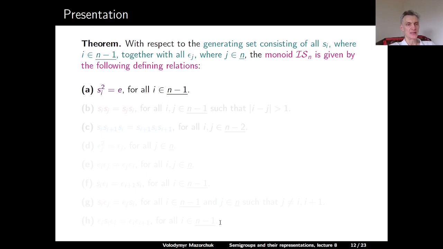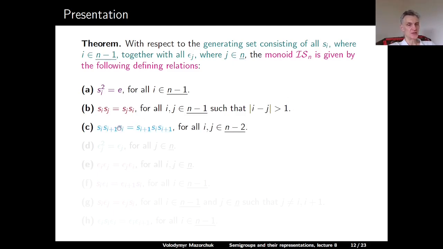A. All s_i squares are equal to the identity, and here i is in n-1 underlined. B. s_i and s_j commute, provided that i and j are such that the absolute value of the difference between i and j is greater than 1.